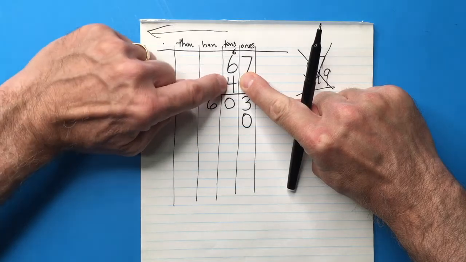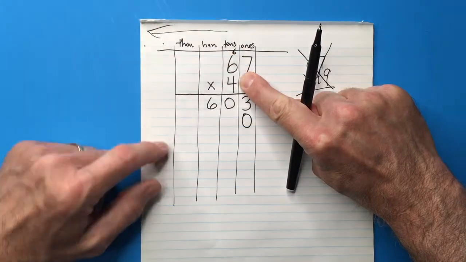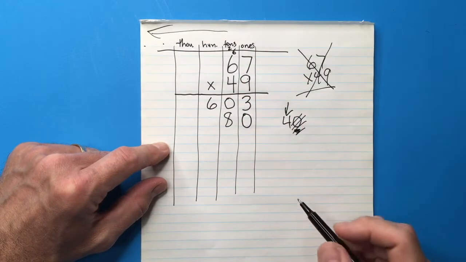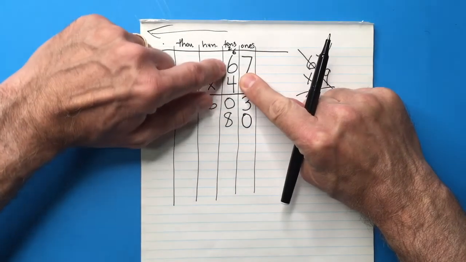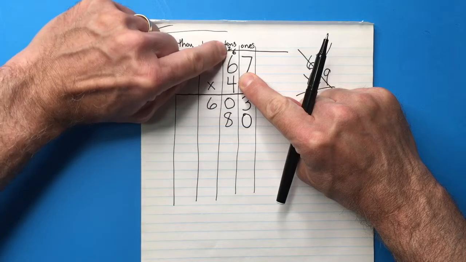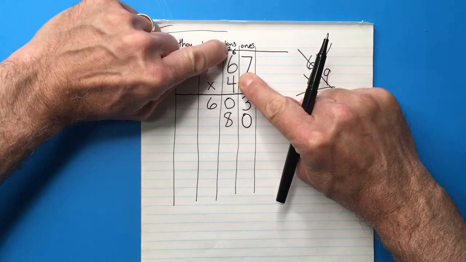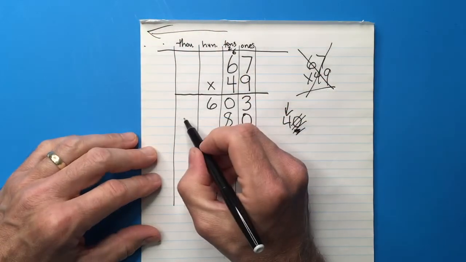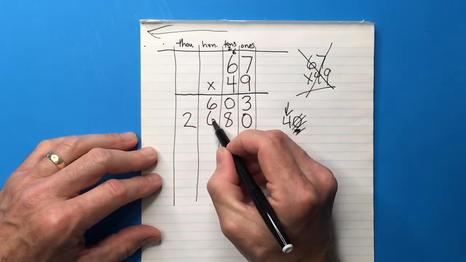And now I can say, what's 4 times 7? That's 28. So put the 8 here and the 2 here. And now 4 times 6 is 24. And then I have to add on that other 2. So 4 times 6 is 24, 26. I'm going to put the 26 here like this.